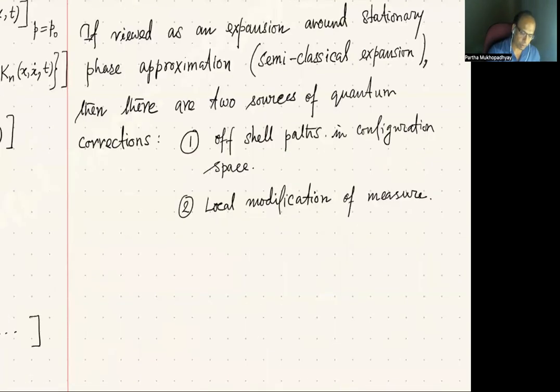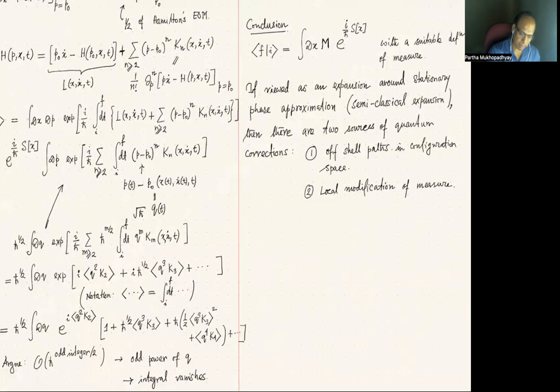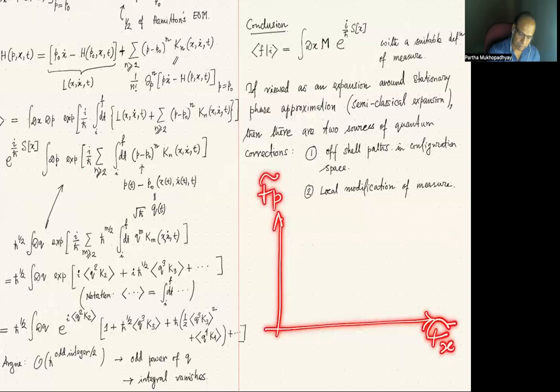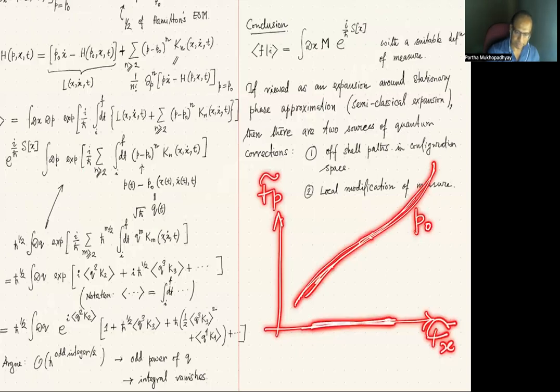H bar is small. So in this picture that I drew here, this is your P0. Now you have brought down the entire calculation on this surface. So then you are calculating a path integral in X.